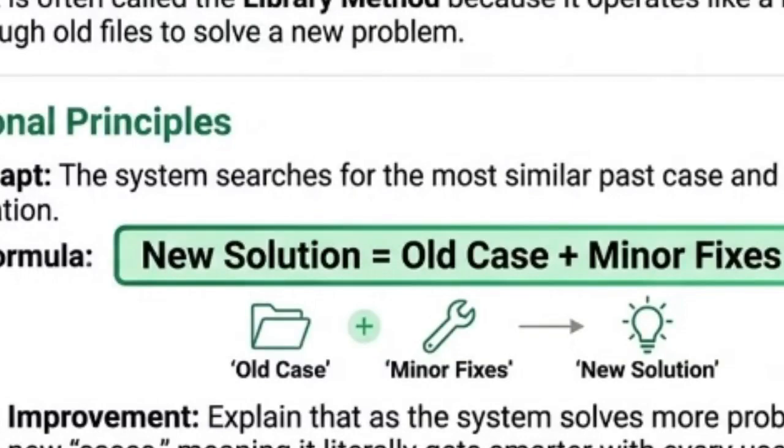First is match and adapt, where the system searches for the most similar past case and modifies it to fit the current situation. The formula for it is that to get a new solution, the system will go back to the library, look through the old cases, and apply minor fixes to give you a new solution. The third principle is continuous improvement: as the system solves more problems, it saves those solutions as new cases, meaning it literally gets smarter with every use.